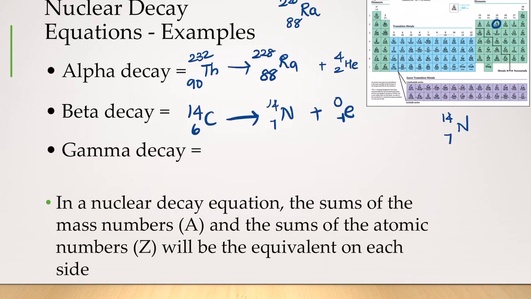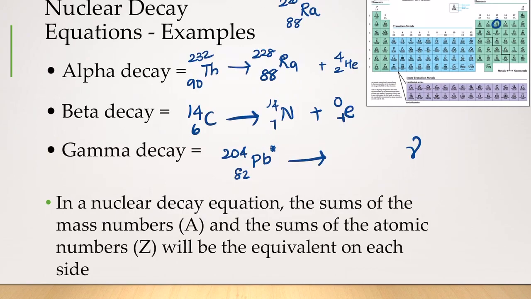Now the last one is the gamma decay. Let's see what's going to happen when lead, which is represented by Pb, is undergoing a nuclear decay reaction where gamma radiation is emitted.